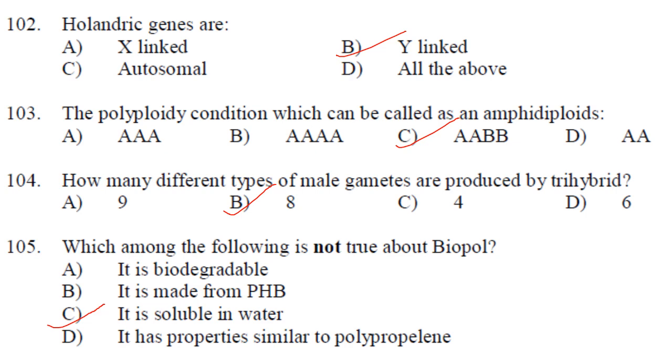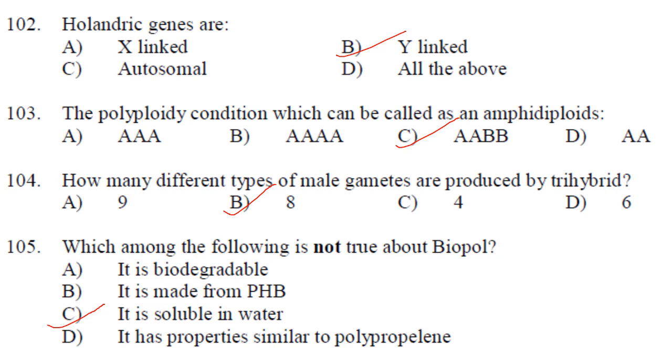The next one. How many different types of male gametes are produced by a trihybrid? It is given by the formula: the number of gametes produced is 2 raised to n. Here it is a trihybrid, so 3 genes are involved.